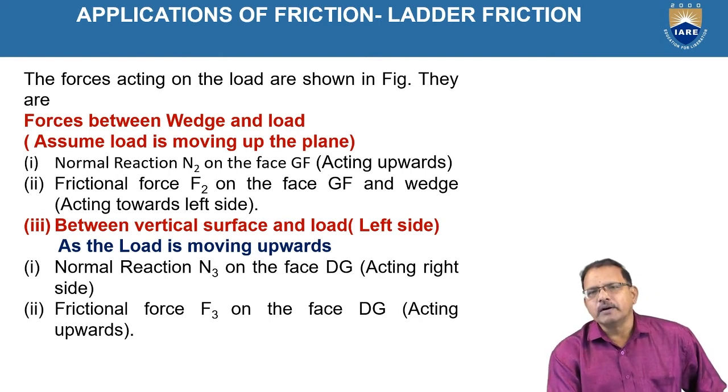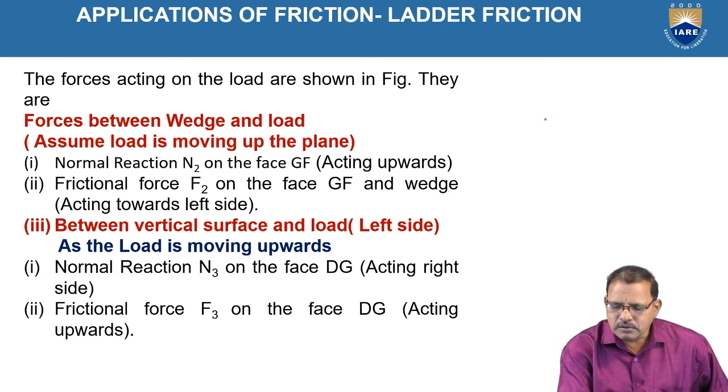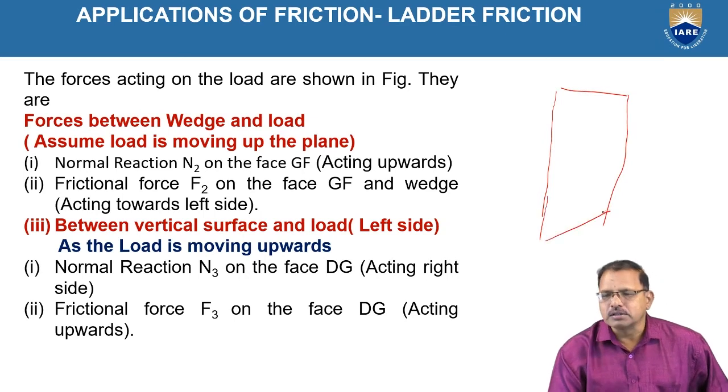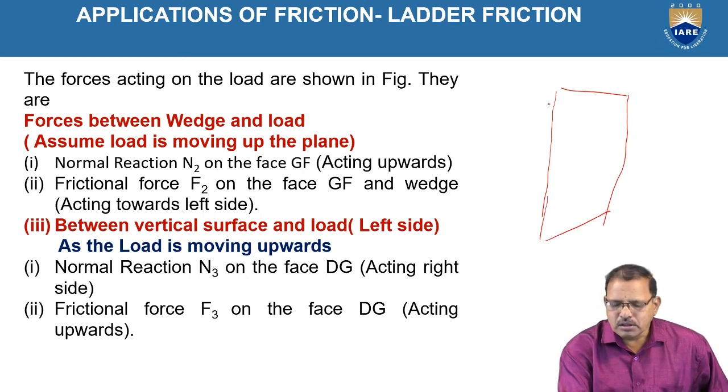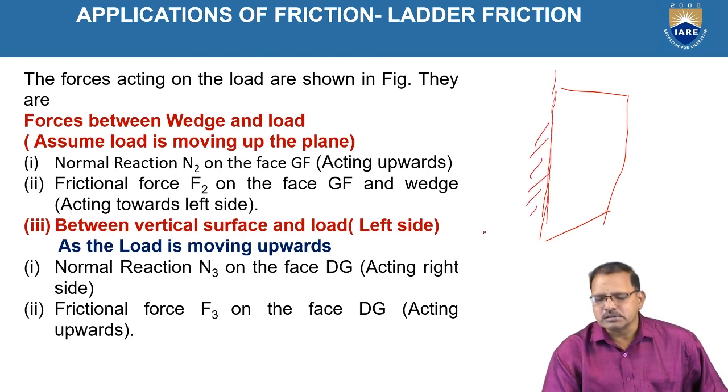Now, on drawing free body diagram of the body, since the body is having certain inclinations now, earlier we have taken this is our contact area. The body is moving upward directions.